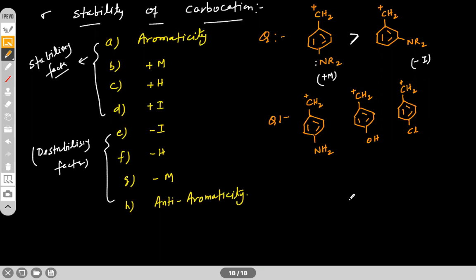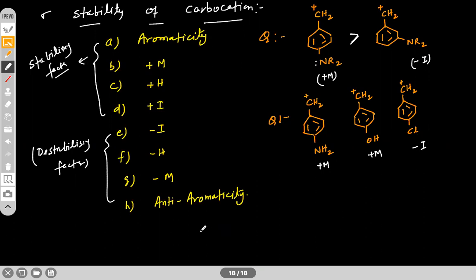Okay. Now in this one, you see, first of all, you tell me what effect this group shows. Plus M. So first of all, we'll assign the effect. Here also it is plus M. This one, this is minus I. It is not minus H.